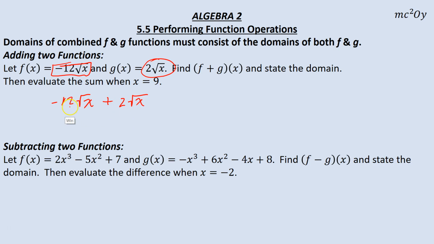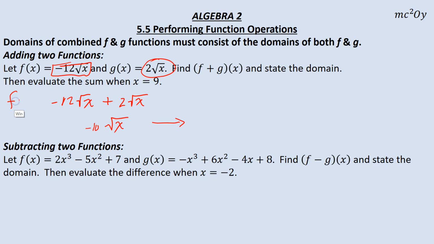Negative 12 plus 2 root x, well, I'm adding root x's, so I'm going to have something in terms of root x, and negative 12 plus 2 is negative 10. So negative 10 root x. All right. Now it says evaluate the sum when x equals 9. I should write this out accurately.